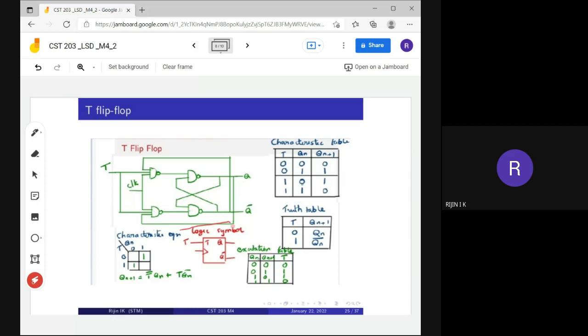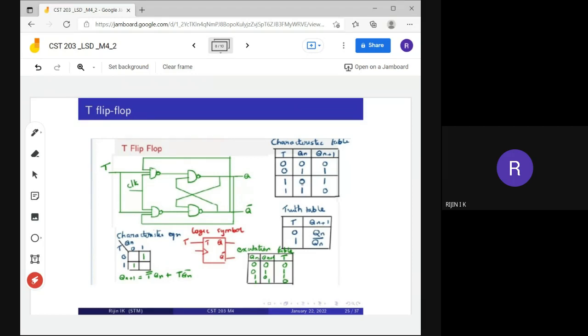So this is the logic symbol corresponding to the T flip-flop. This is the characteristics table, this is the truth table, and this will be the excitation table. And this is the characteristics equation, that is T bar Qn plus T Qn bar.